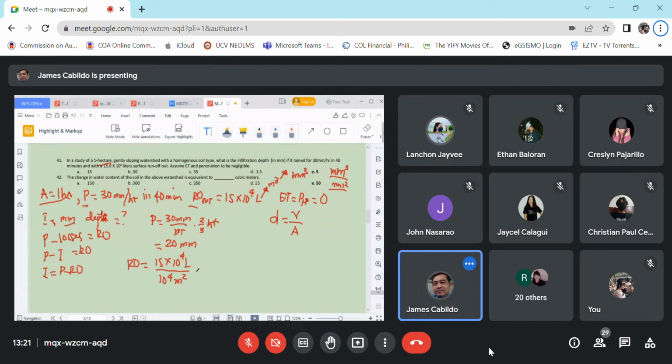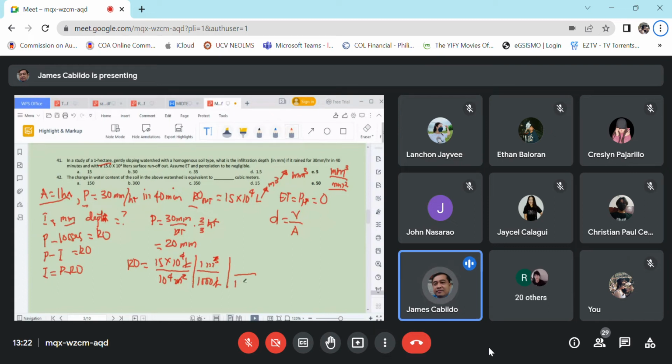So let's convert. We convert the liters to cubic meters, then convert the resulting meter to mm. In 1 cubic meter, there are 1,000 liters. Cancelling the units, liter with liter and square meter, we are left with one meter, so we convert that to mm.